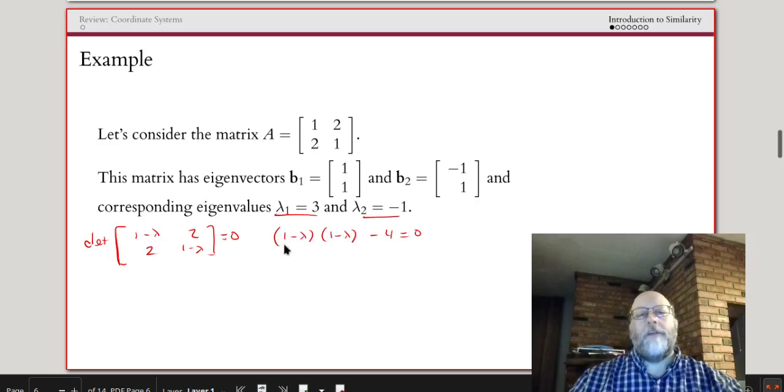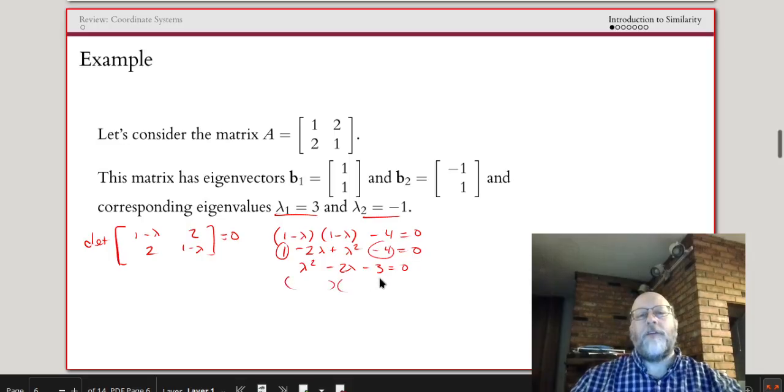When I multiply this out, I get 1. The middle terms are minus lambda and minus lambda, so that's minus 2 lambda. And the last terms are plus lambda squared minus 4 equals 0. I can rearrange that to lambda squared minus 2 lambda, and 1 and negative 4 is negative 3.